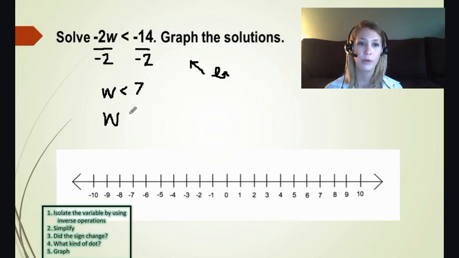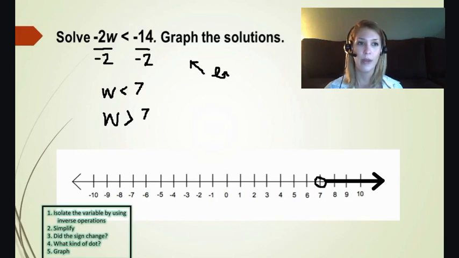So w is really greater than 7. Now, greater than is an open graphing point on our number line, so we're going to leave that open. And we're going to graph all the possibilities or the solutions by graphing everything to the right of it, since that's the way that it is pointing now. It switched directions because we divided by a negative value.